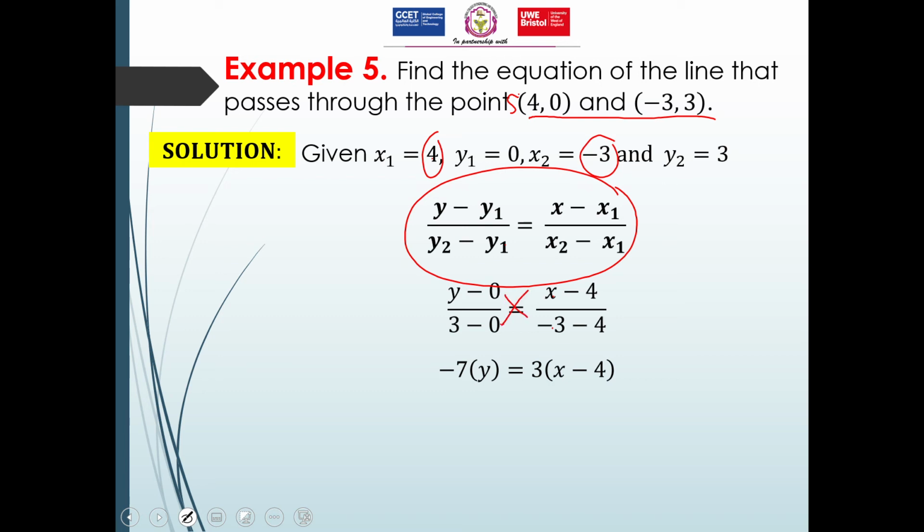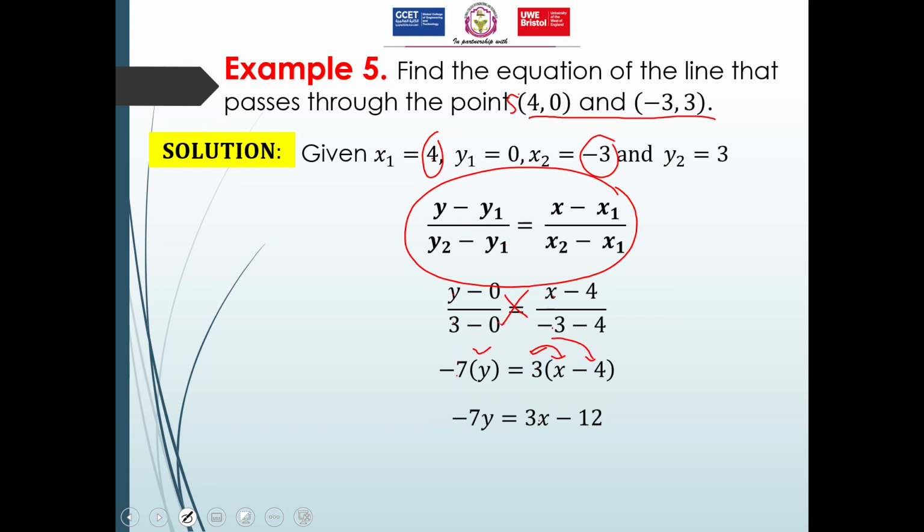Y minus 3 minus 4 is minus 7. Y minus 0 is y. 3 minus 0 is 3 times x minus 4. And then we simplify by removing the brackets. We multiply minus 7 times y, minus 7y. 3 times x, 3x, 3 times minus 4, it's minus 12.